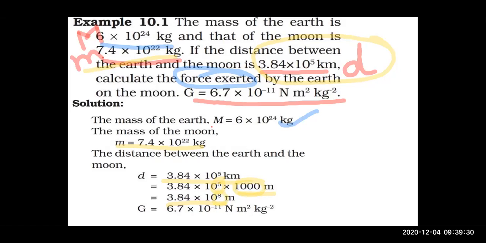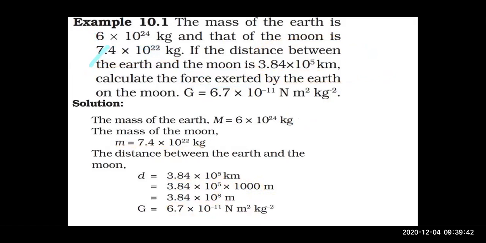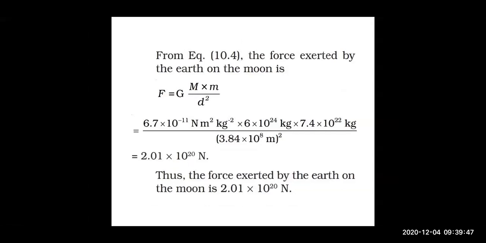Okay, children, and the value of G is given to us. So using this value in the formula of gravitational force, we are going to find the value of F. So let's do it. Your F equals G M into small m upon d square. So we'll put the value of capital G, which is given to us in the question, 6.67, that is 6.7 into 10 to the power minus 11.